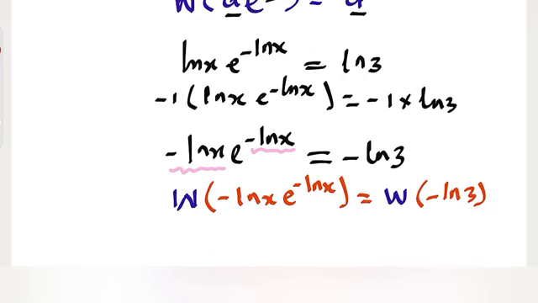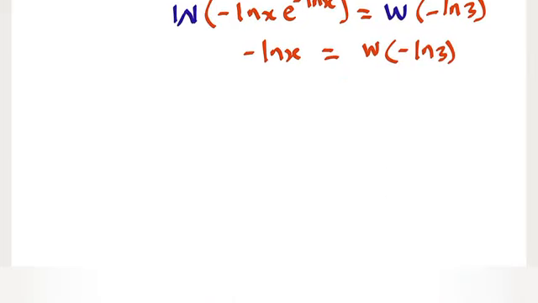So now we can easily say that minus ln of x equals, using the Lambert W function, W of minus ln of 3.